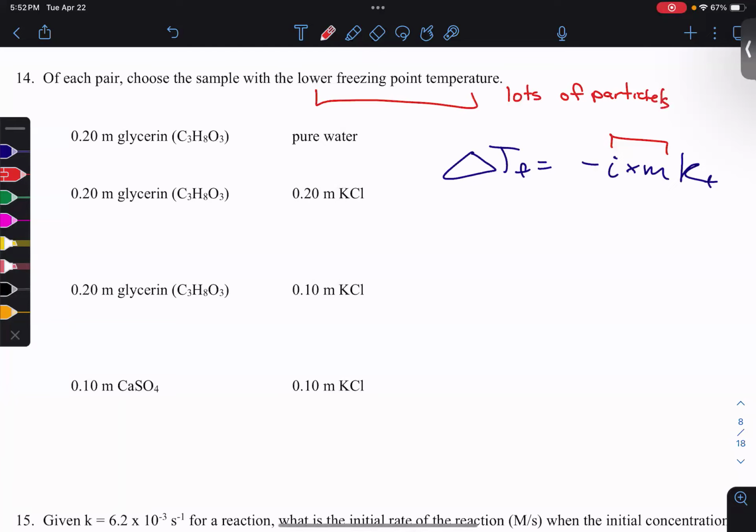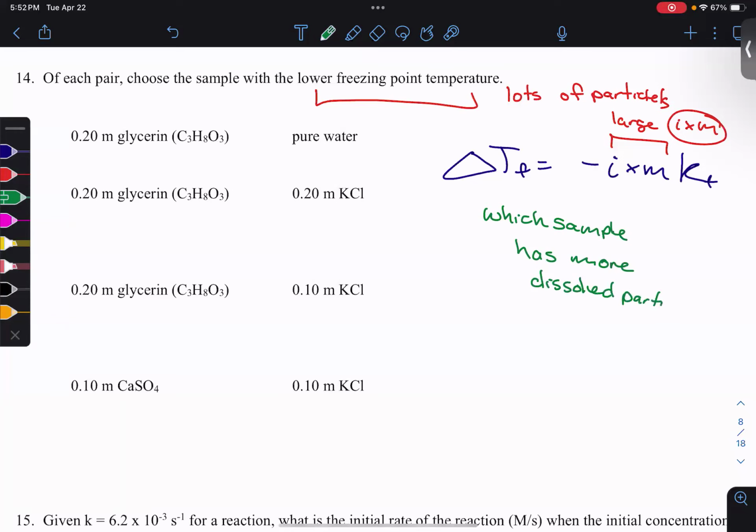So we are looking for a large i times m product, right? So basically what we're asking is which sample has more dissolved particles, all right? If I said which one has the higher freezing point temperature, it's which one has less dissolved particles.